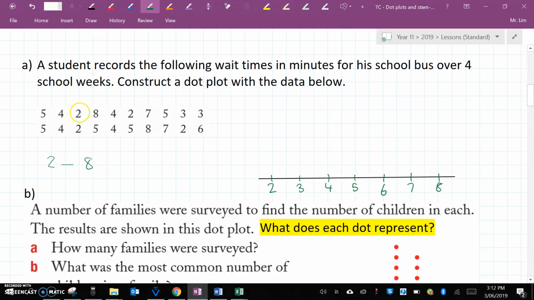How many 2's are there? 1, 2, 3, 4. How many 3's? 1, 2. How many 4's? 1, 2, 3, 4. How many 5's? 1, 2, 3, 4, 5.